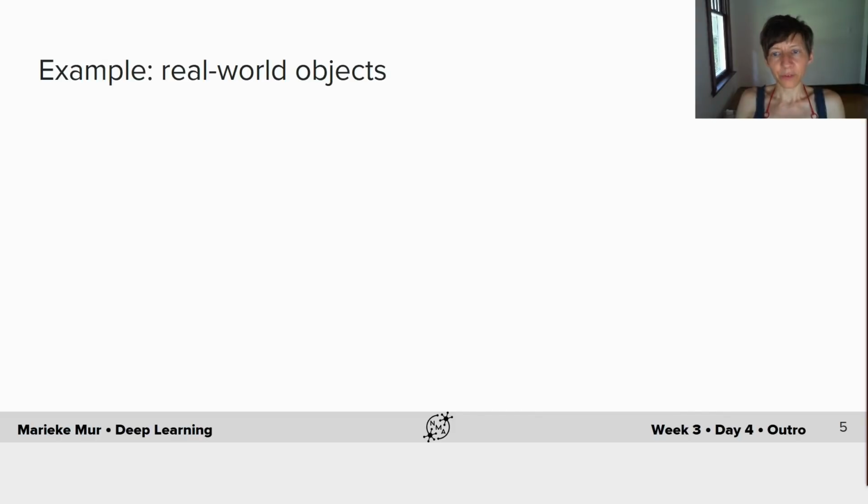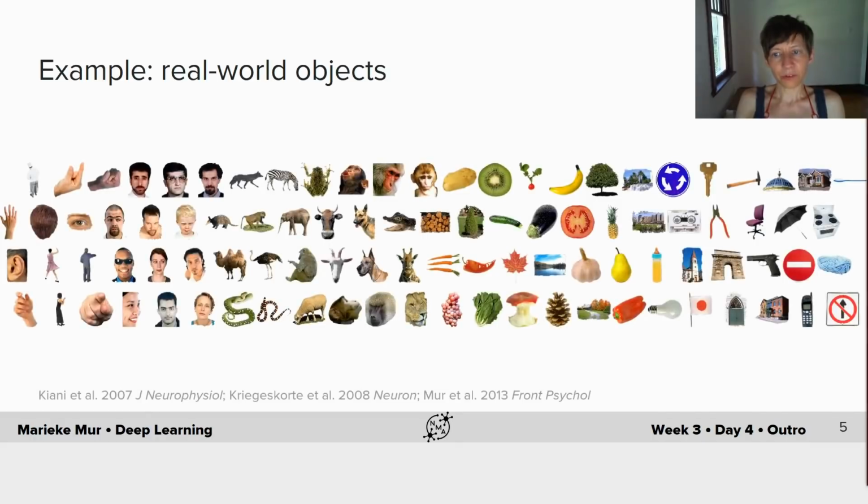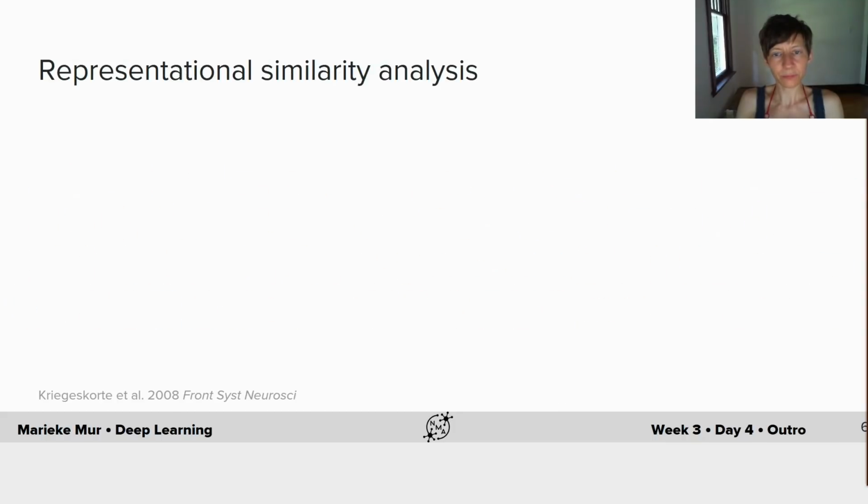So in a series of studies, we use the following real-world object images. The objects are from a range of categories, including humans, animals, faces, bodies, and natural and man-made objects. We asked human participants to view these images while we measured their brain activity with functional magnetic resonance imaging, or fMRI. We then characterized the brain responses to these images as follows.